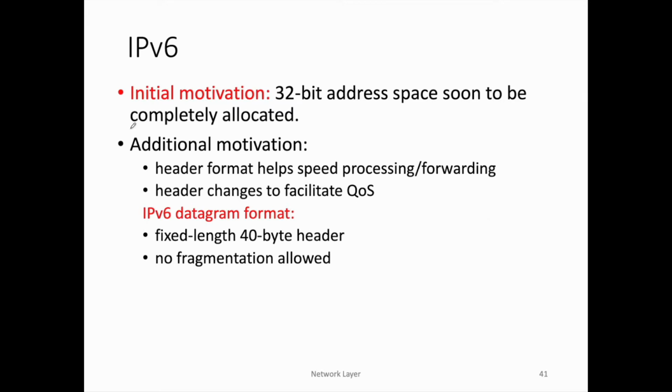And that's why we will see in a minute that the header of IPv6 is very simple, and because of this, the overhead is only 0.06%. So this overhead is only 0.06% now, and the header has been changed to facilitate quality of service, and for that we'll see that we have a priority field.